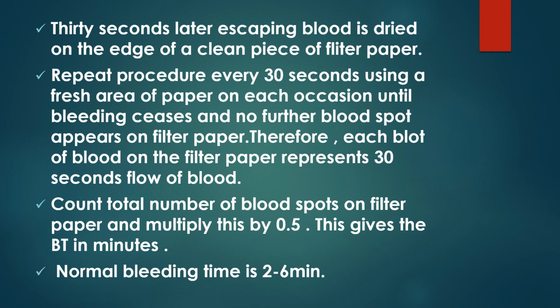Therefore, each blot of blood on the filter paper represents 30 seconds of blood flow. Count the total number of blood spots on the filter paper and multiply this by 0.5. This gives the BT in minutes. What is the normal bleeding time? It is 2 to 6 minutes.